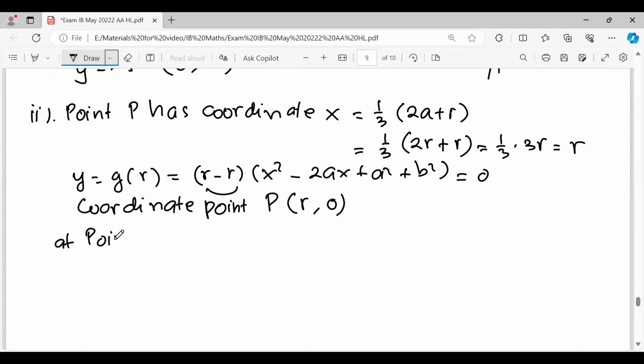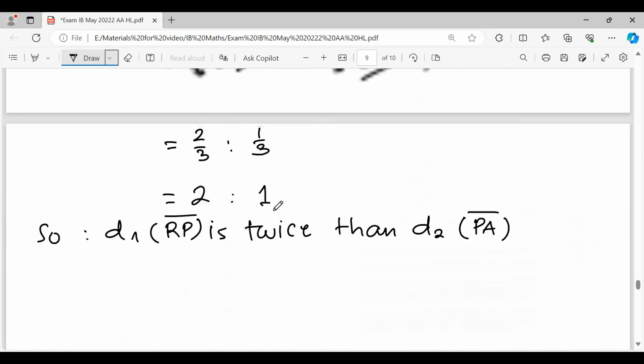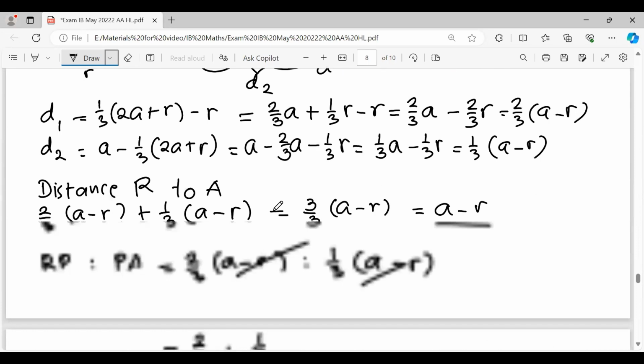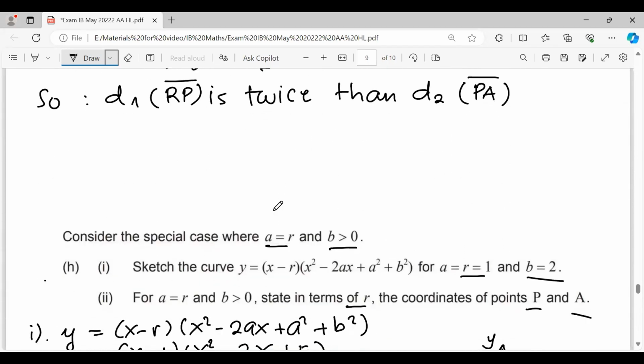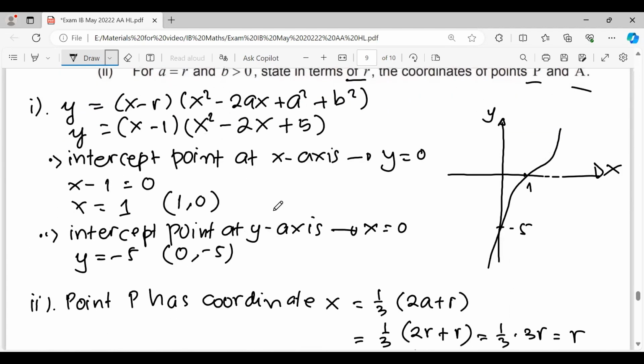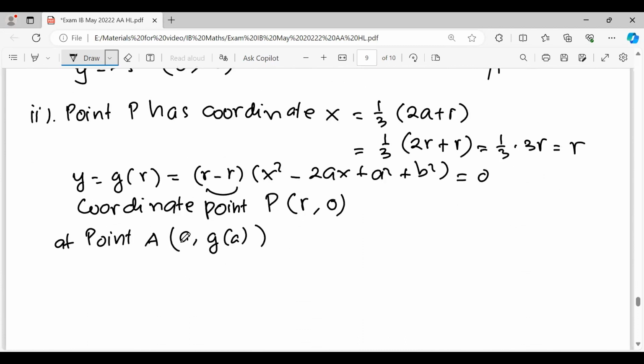Next, we're going to find the coordinate point A. At point A, the coordinate is (a, g(a)). You can see that A is (a, g(a)). If a equals r, it means g(r).